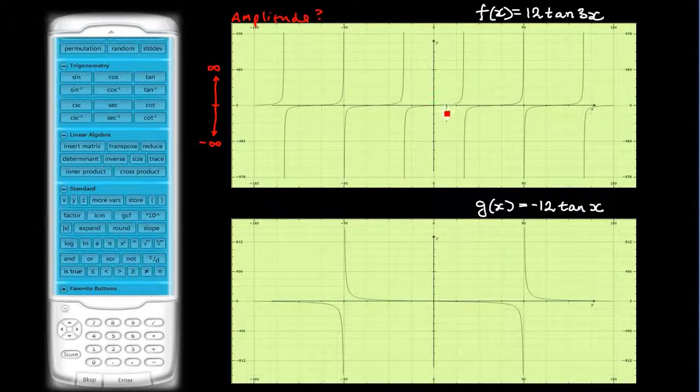Does it make any difference if I increase this value here, which I've done in both cases? So I've increased my tangent function, my parent function, by this absolute value of 12. Have a look for yourself and see what changes it does make.